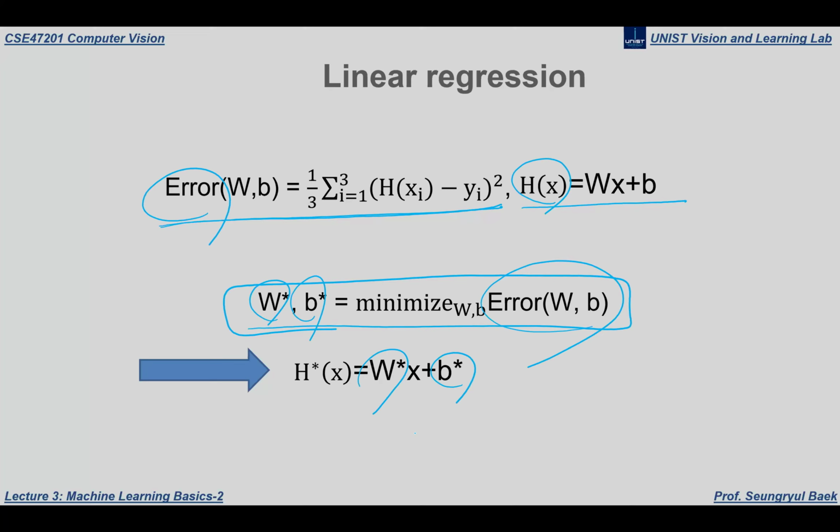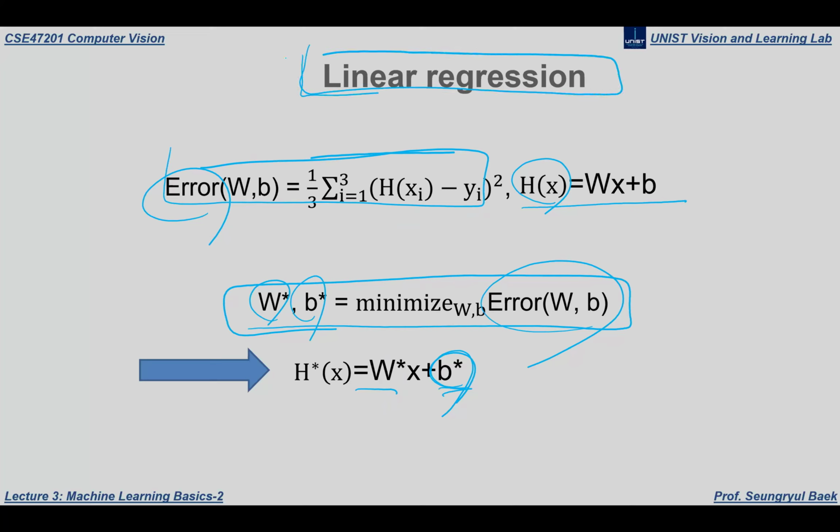If we can find W and B that minimize this error, that best explains the training samples, that would be the proper W and B values. And that can achieve this linear regression. So this is the linear equation, and at the same time it can explain the three samples regression. Do you guys agree with this?